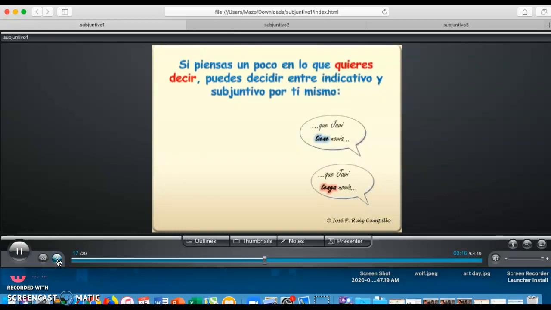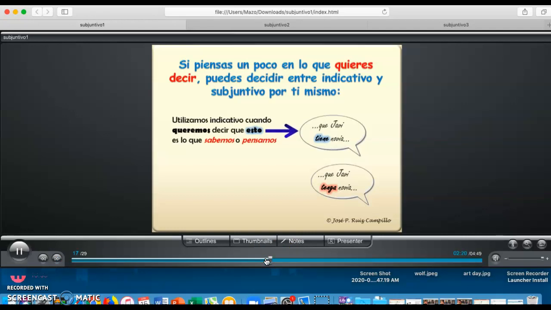So, she will get angrier in that situation than scenario number 2, right? Si piensas un poco en lo que quieres decir, puedes decidir entre indicativo y subjuntivo por ti mismo, right? If you think about what you want to say, you yourself can make that decision. I'm going to use indicative or subjunctive.